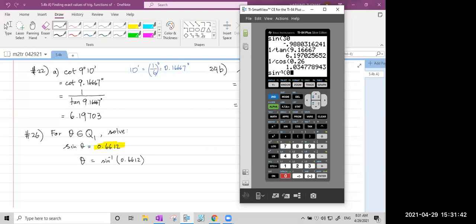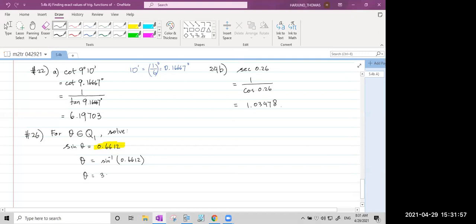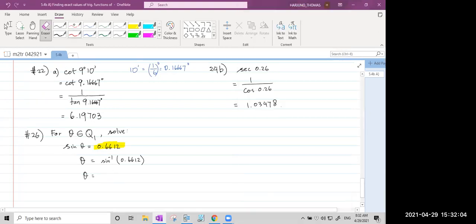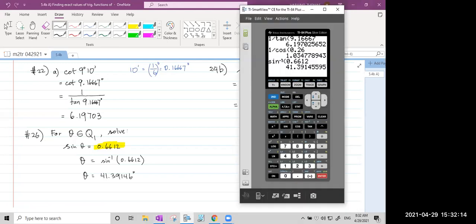Sine inverse of 0.6612, so theta is 41.39146. Don't forget the degree sign, because you solved that in degrees, right?